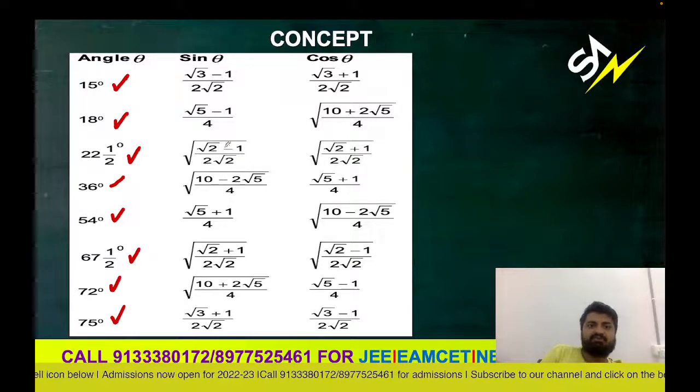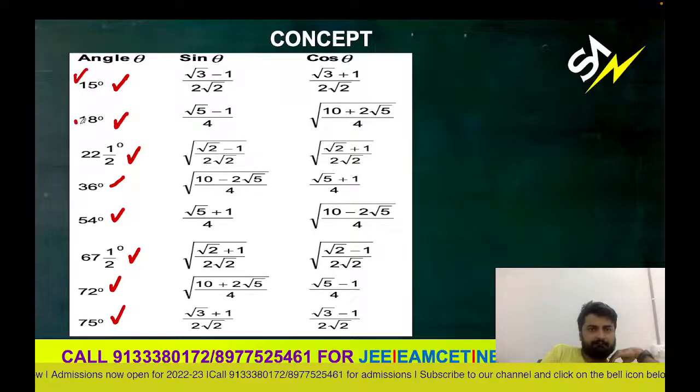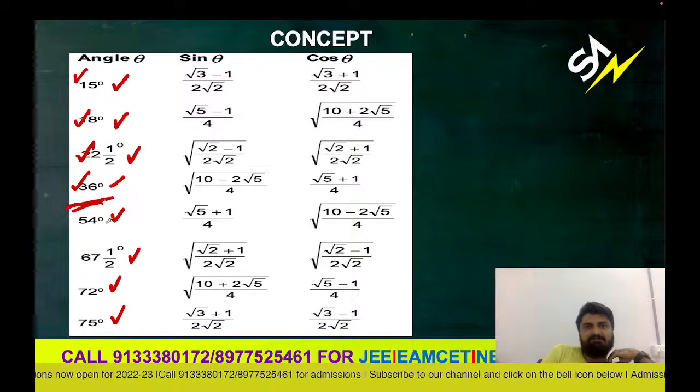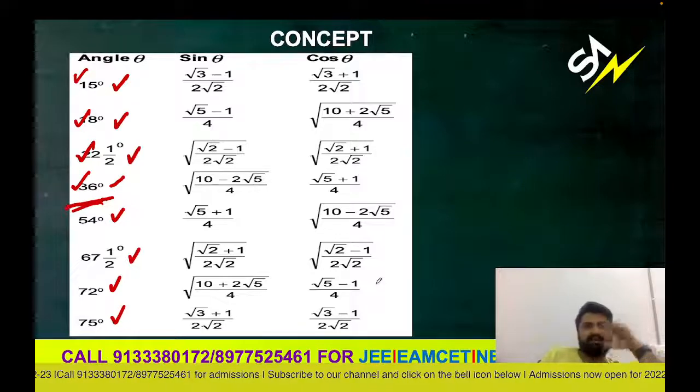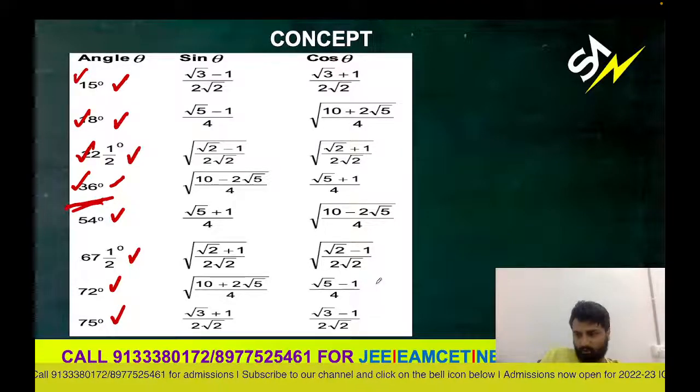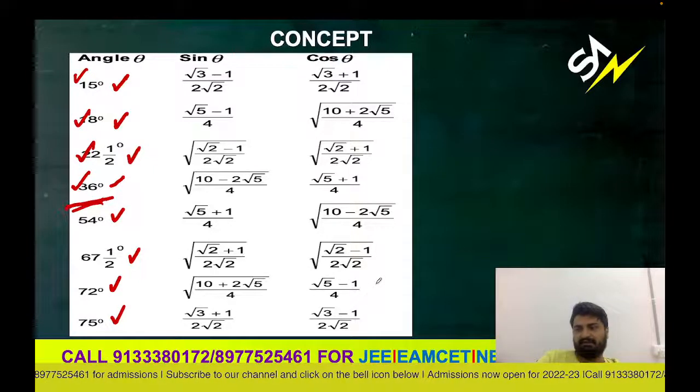If you just learn 15, 18, 22 and a half and 36, the first four, the rest of them are complements, right? 75 will be the reverse of 15, 72 the reverse of 18, and so on. These values you are expected to know before solving the questions. I hope all of you are ready to solve the questions now.